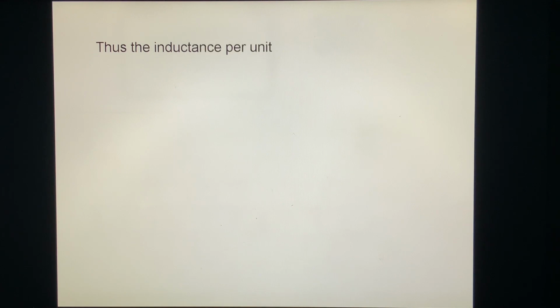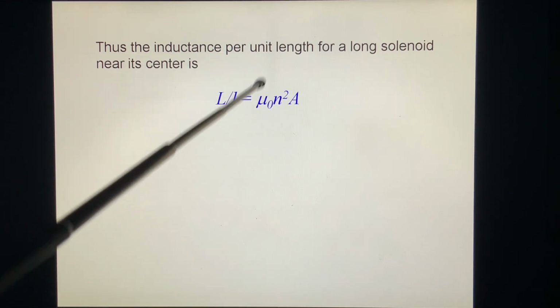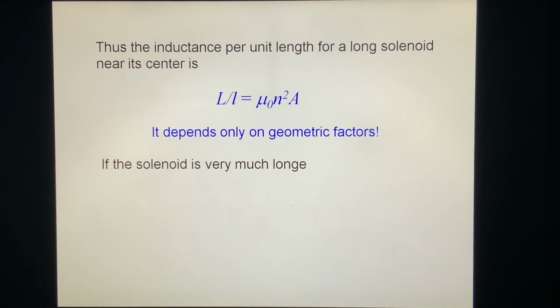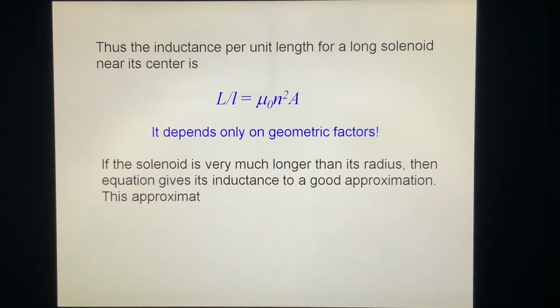Thus, the inductance per unit length for a long solenoid near its center is L over l equals mu 0 n squared A. It depends only on geometric factors, nothing to do with current. If the solenoid is very much longer than its radius, then this equation gives its inductance to a good approximation.